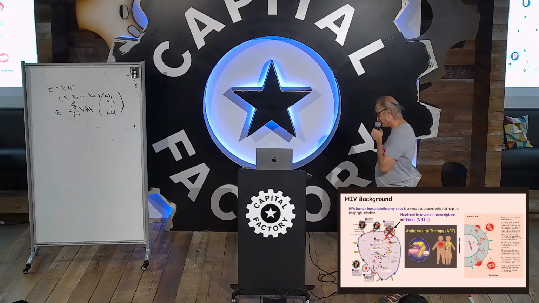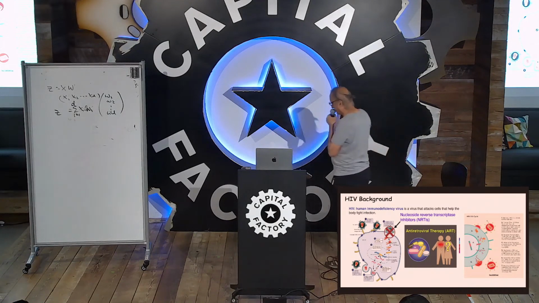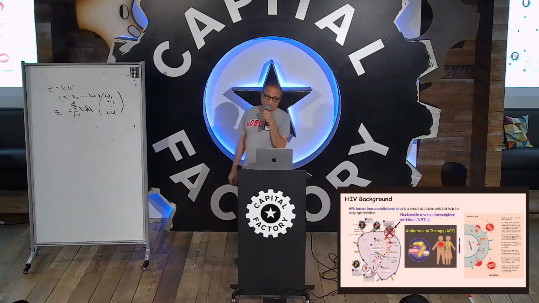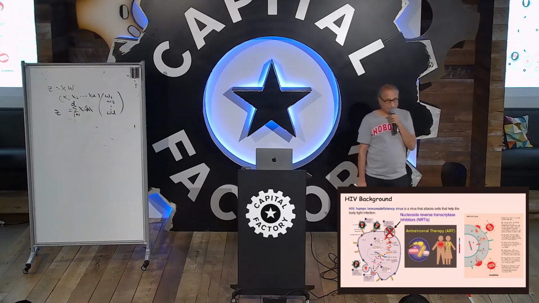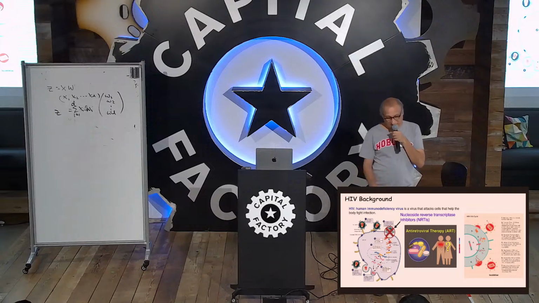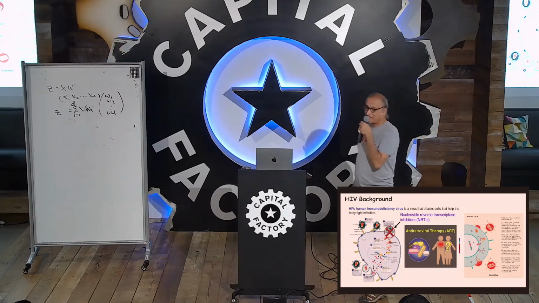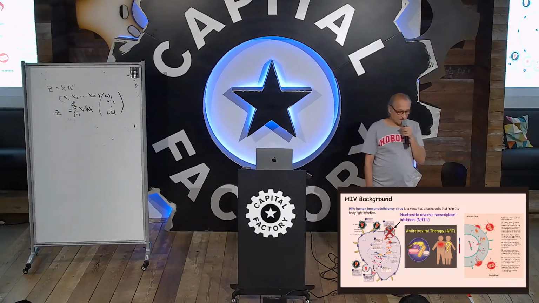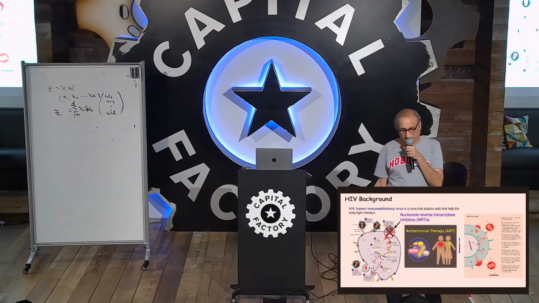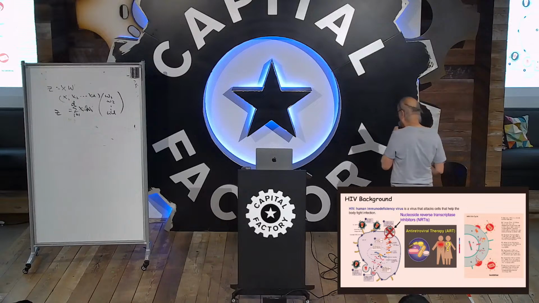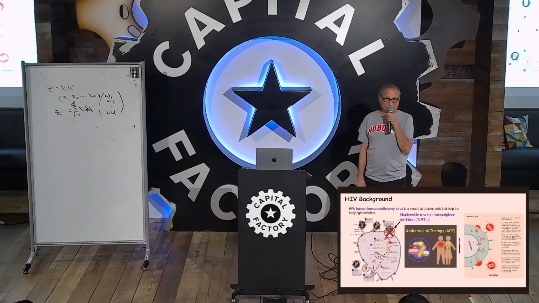That reverse transcriptase enzyme tries to penetrate the cell membrane, and then it converts itself into DNA, replicates itself within the body, and then spreads all through the body. That's how HIV works. Even COVID works exactly the same way.